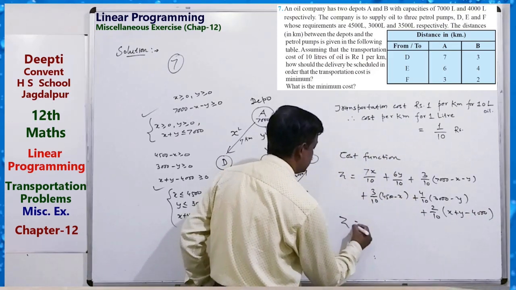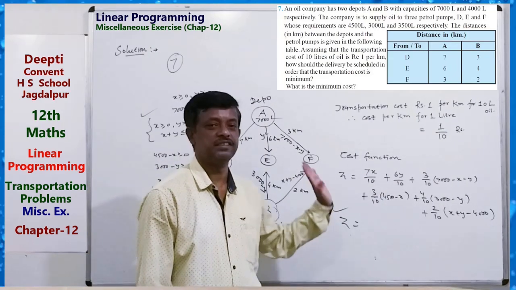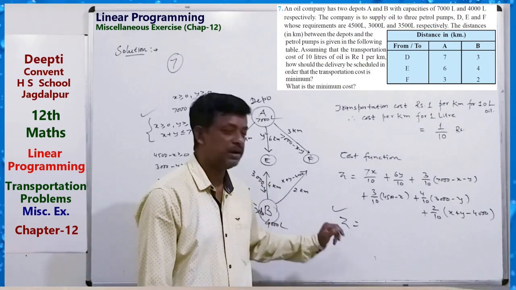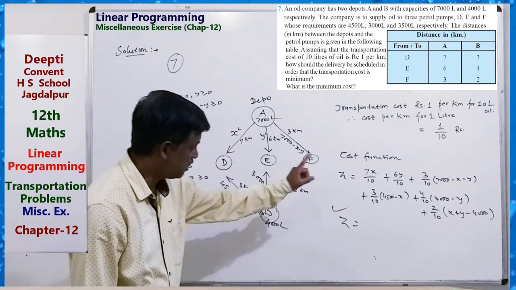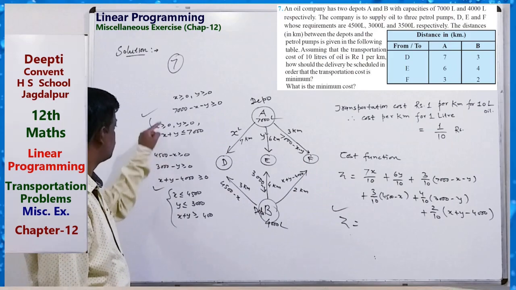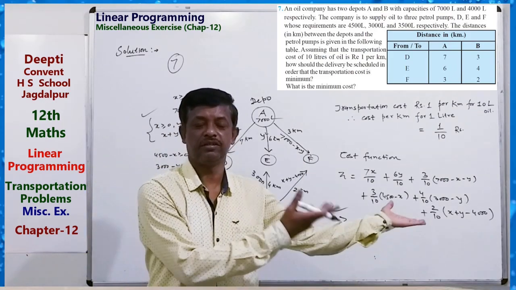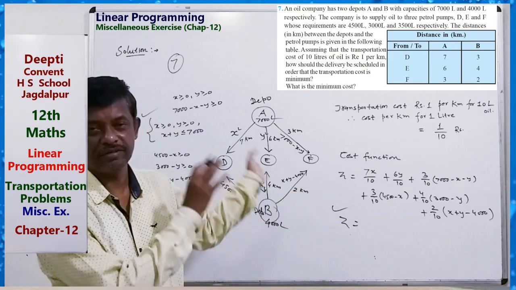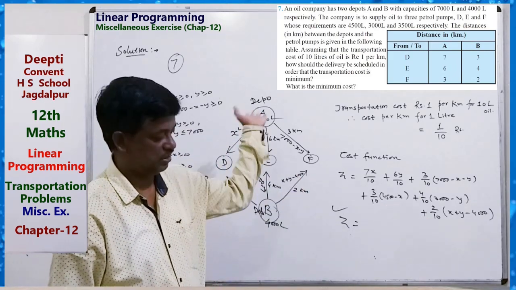So you can get the value of z. Now to minimize this, you can write the LP: minimize this subject to these constraints, then draw the graph and find the value of z. The minimum value is the minimum cost at the point.